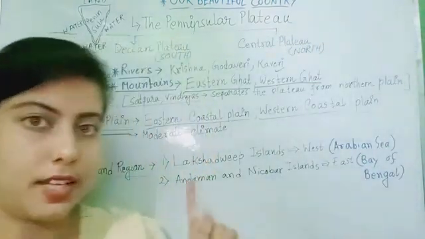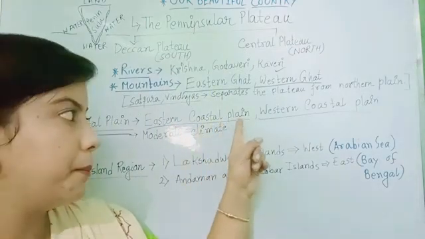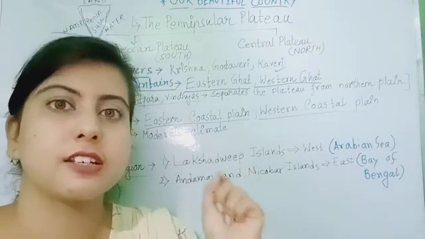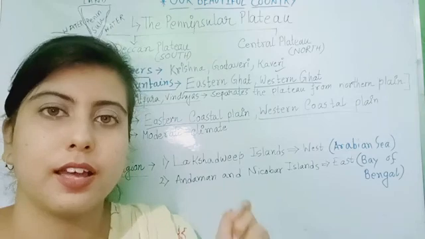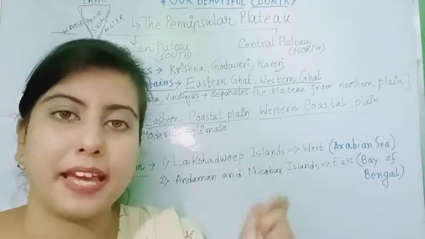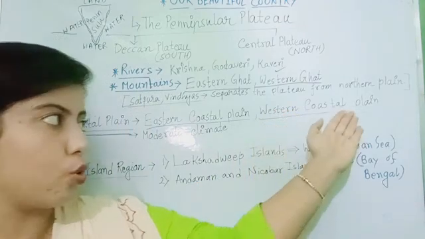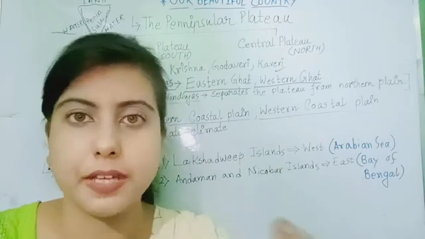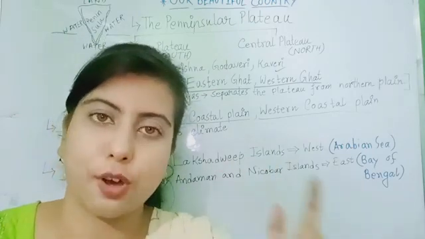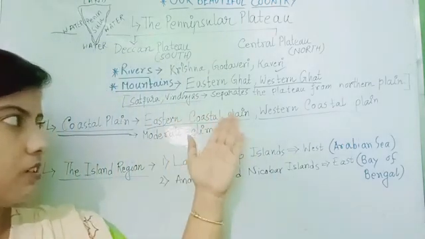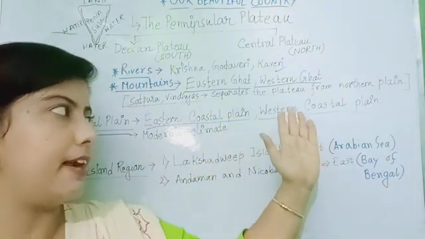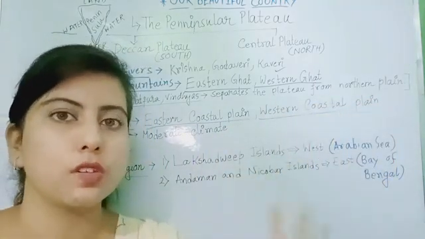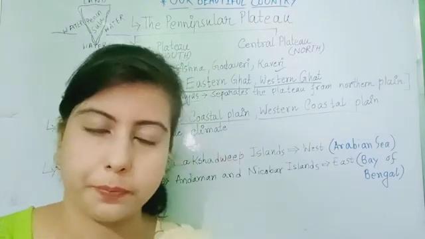The Eastern Coastal Plain is alongside the Bay of Bengal on the east side of our country. And the Western Coastal Plain can be found alongside the Arabian Sea on the west side of our country. These two are the main coastal plains of our country.